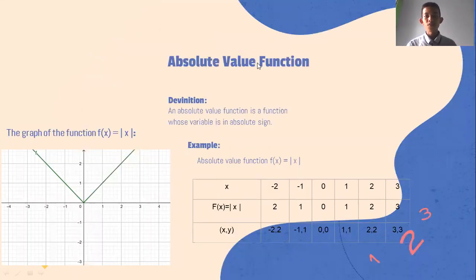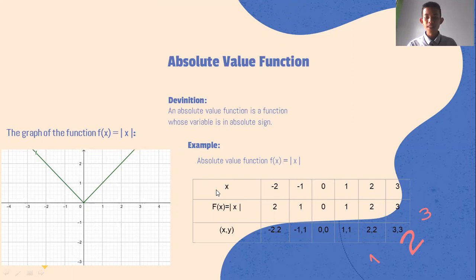Next, absolute value function. Definition: an absolute value function is a function whose variable is in absolute value sign. Example, the absolute value function f(x) = |x|.